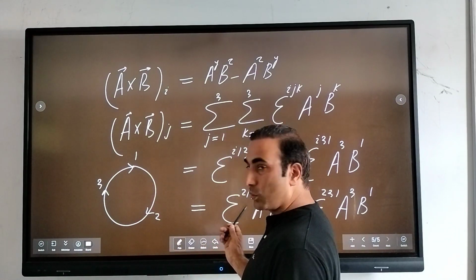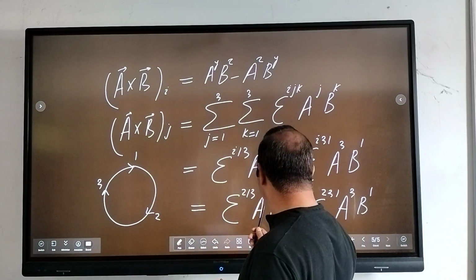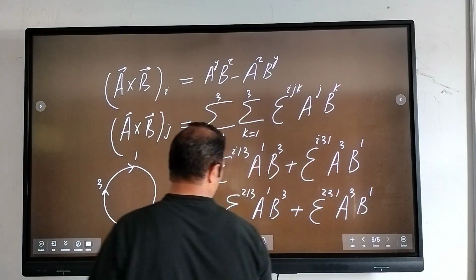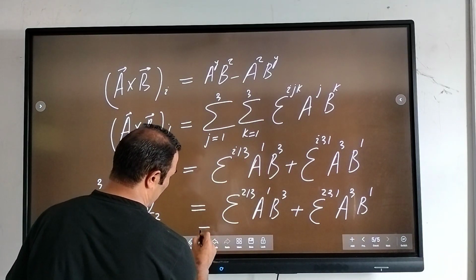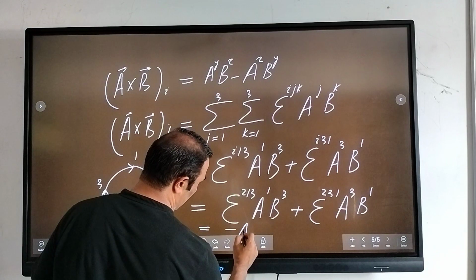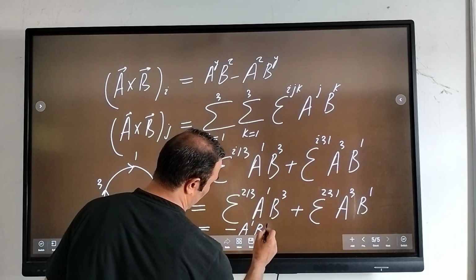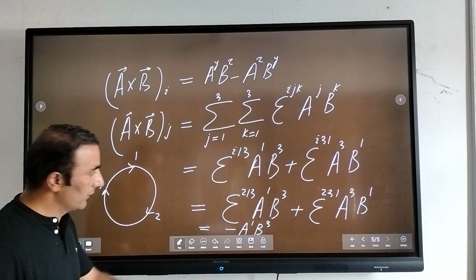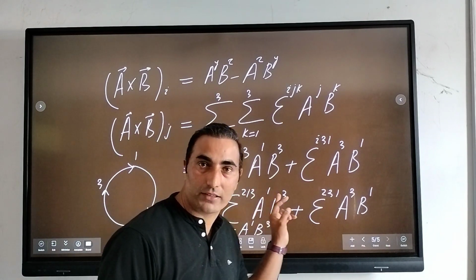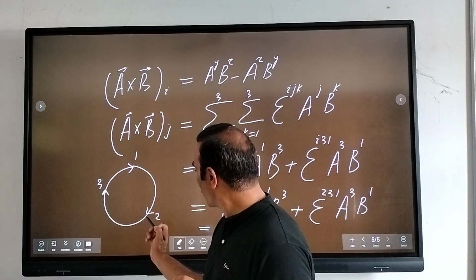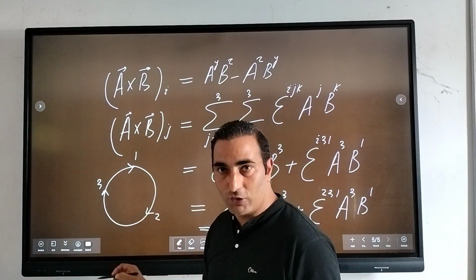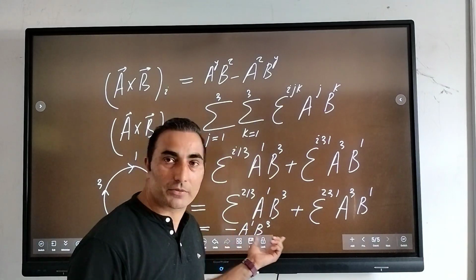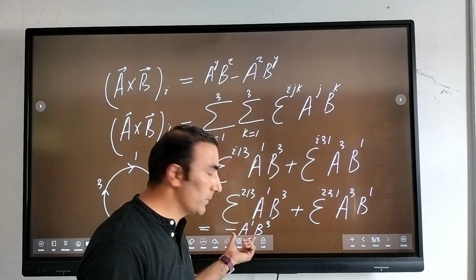So this epsilon 213 will be minus 1. So it will be minus a1 b3. Because 2 1 3 is anticyclic, so for anticyclic, epsilon ijk should be equal to minus 1.